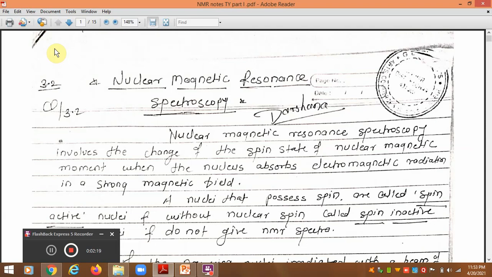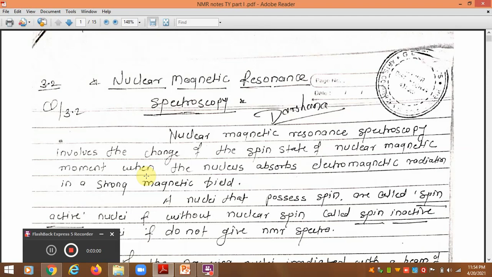So these responses of the nucleus whenever it is exposed to electromagnetic radiations are studied in a branch called NMR spectroscopy, or simply nuclear magnetic resonance spectroscopy. Dear friends, as far as the nucleus is concerned, nuclear magnetic resonance spectroscopy involves the change in the spin state of nuclear magnetic moment whenever the nucleus absorbs electromagnetic radiation in the presence of an applied magnetic field.